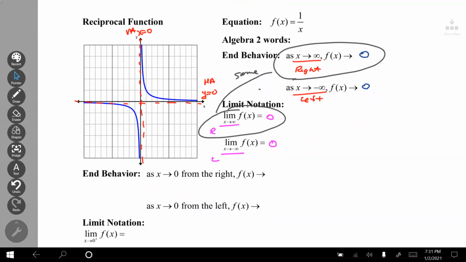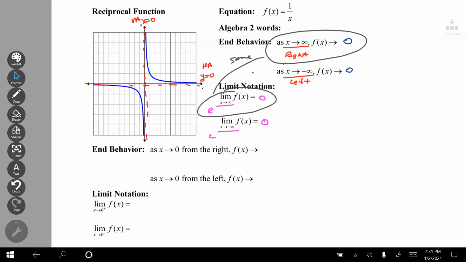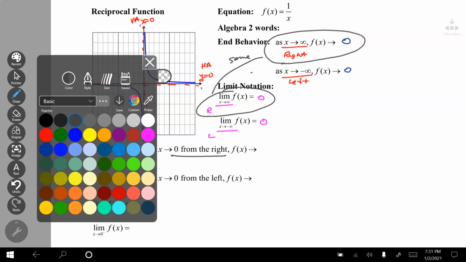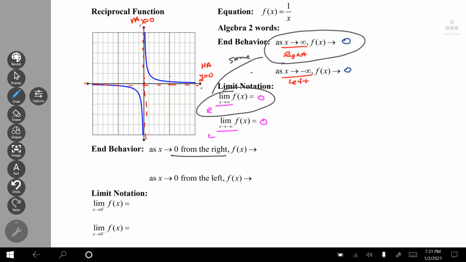Now we also talked about these words, as x goes to 0 from the right. So 0 from the right doesn't mean start at x equals 0 and go to the right. It means start on the right side and get closer to x equals 0.